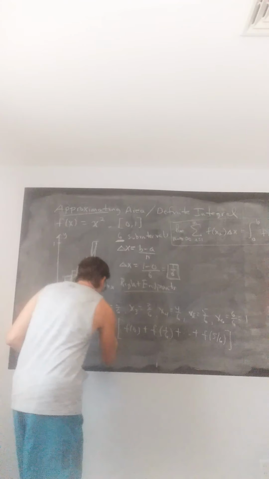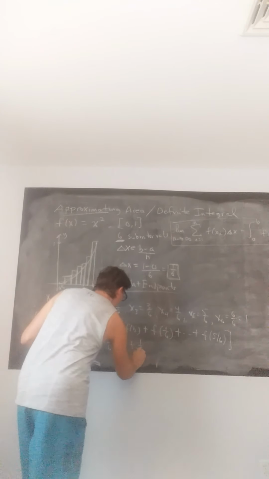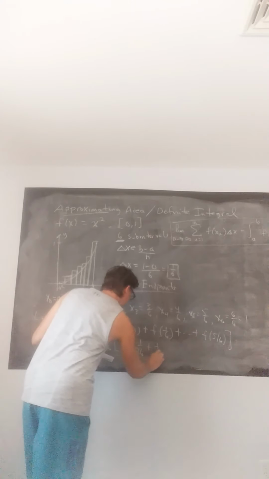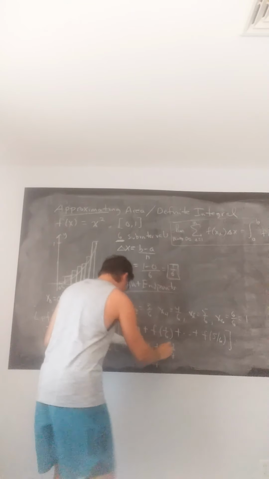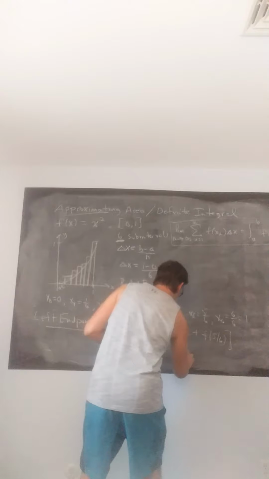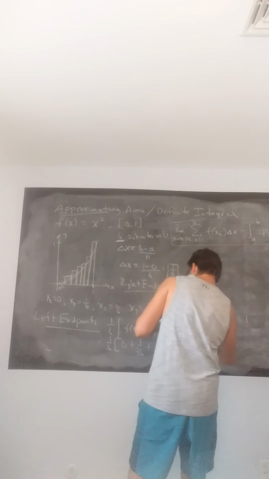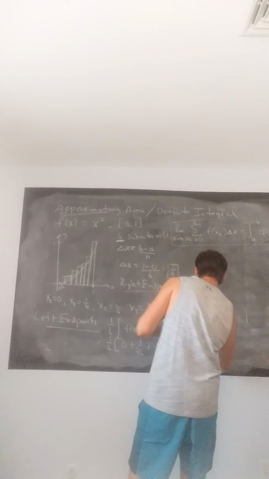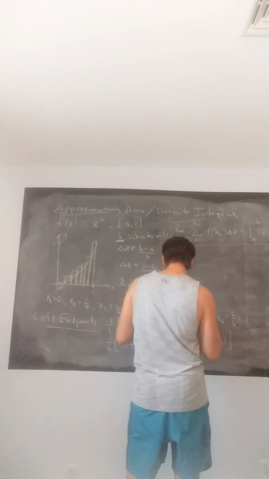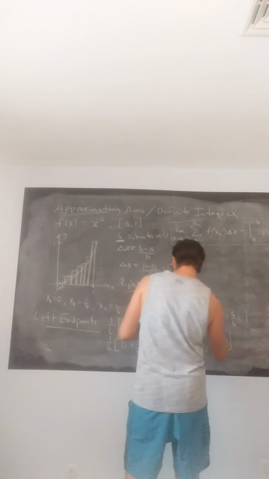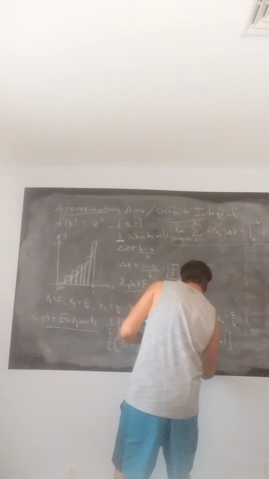We would get 1/6 times 0 plus 1 over 36 plus 1/9 plus 1/4 plus 4/9 plus 25 over 36. Let's see, 1, 2, 3, 4. And let's see. That would be, yep. So 25 over 36 would be our last one.